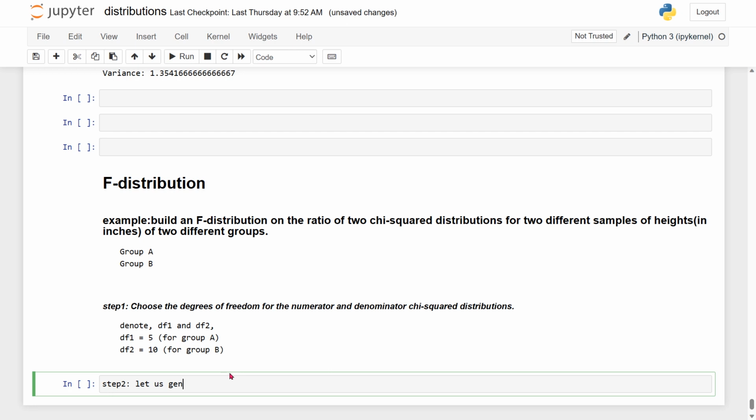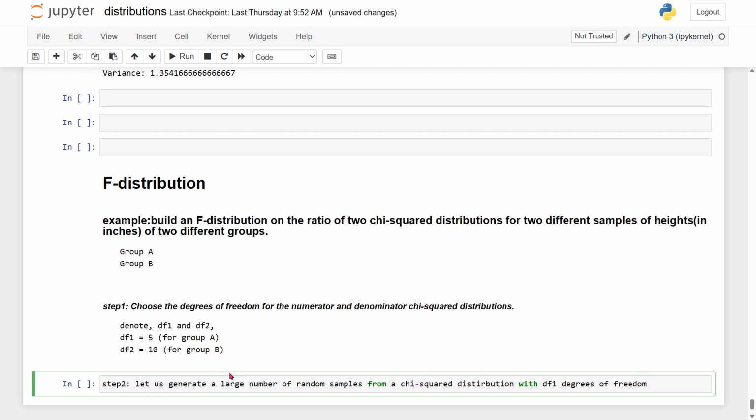Let's generate a large number of random samples from a chi-squared distribution with df1 degrees of freedom.